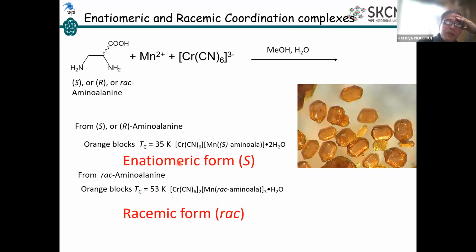Then we can say the racemic crystal is more dense and has a bigger coercive energy, or crystal energy, than the chiral enantiomerically pure one.